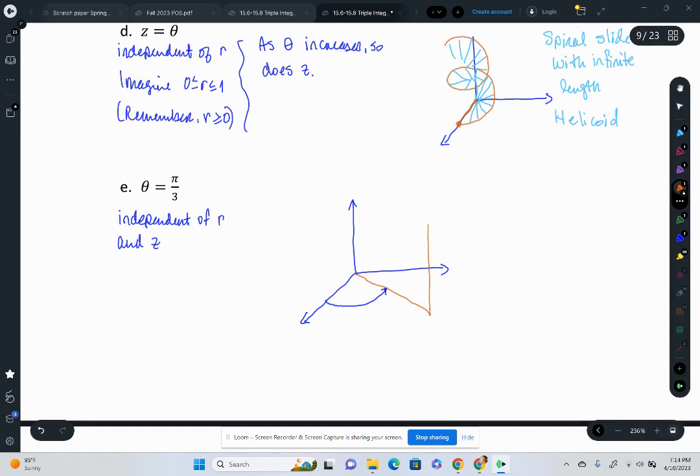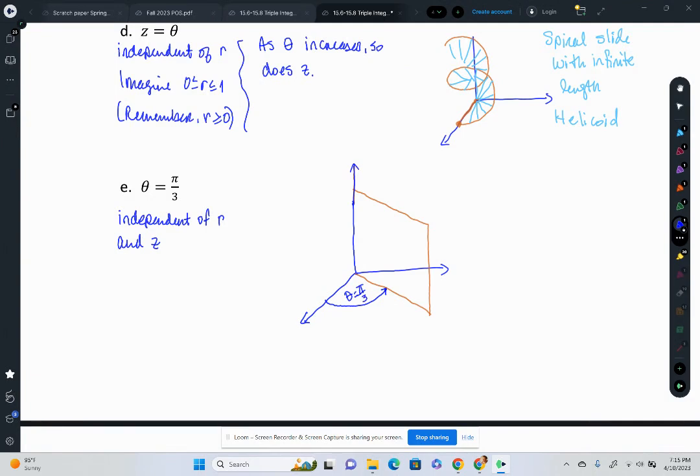So we can do that way. And then we can connect with the z-axis here. Let me draw that a little longer. Okay. Theta is pi thirds here.